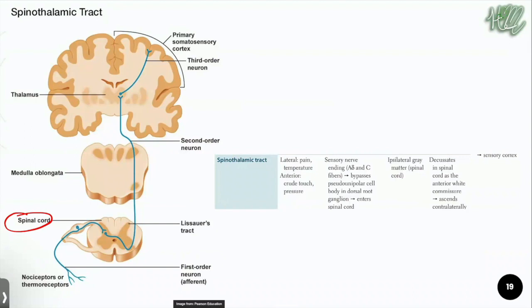But again, let me explain it as best I can by saying it doesn't matter where the decussation is happening at. If it is at the level of the lesion, it will be an ipsilateral problem. If it's anywhere else except at the level of the lesion, it's going to be contralateral, because everything else is contralateral.